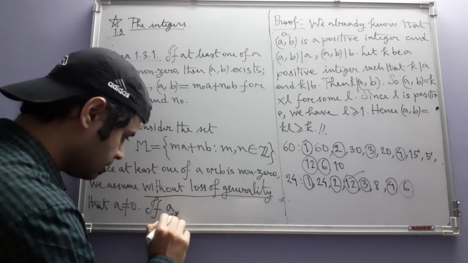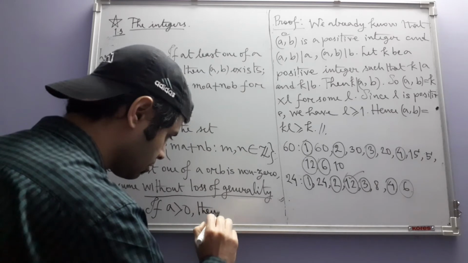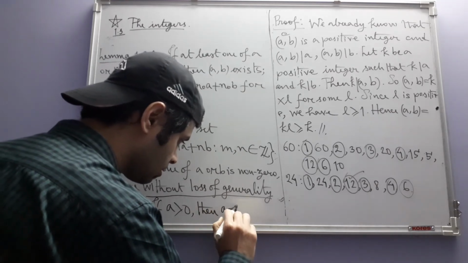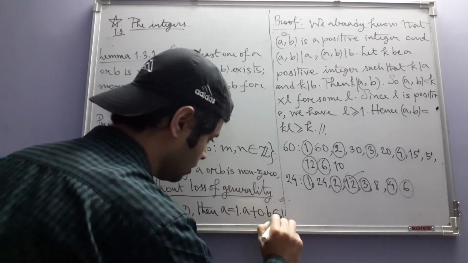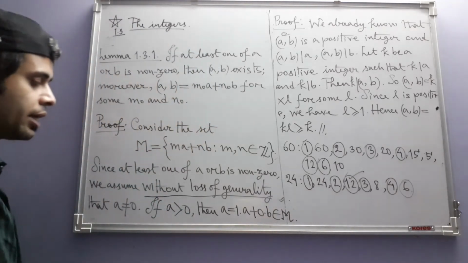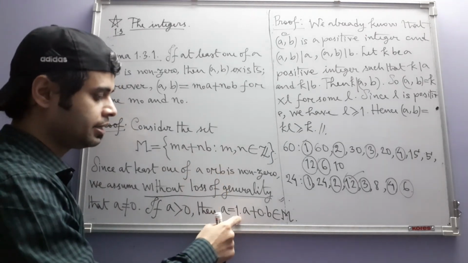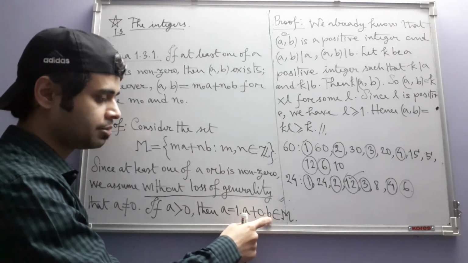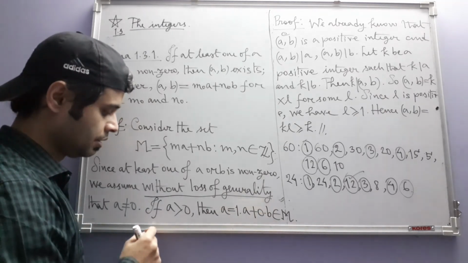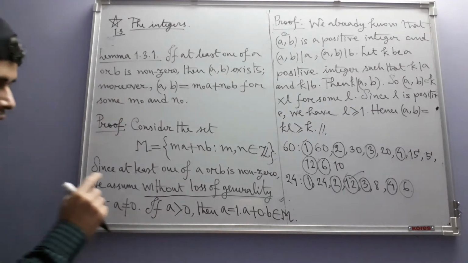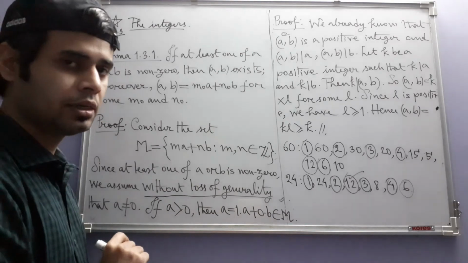If A is positive, then A is equal to 1 times A plus 0 times B, which belongs to M. Note that A can be written in this form: an integer times A plus an integer times B. So A qualifies to be an element of M. So since A is positive, we have obtained a positive integer in M.